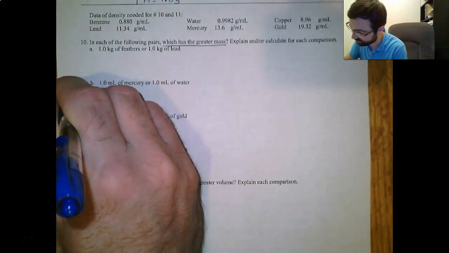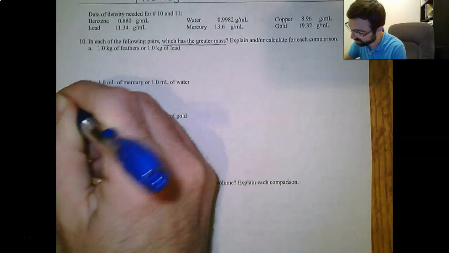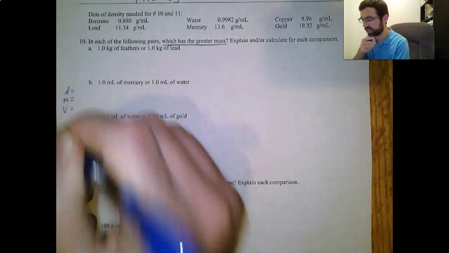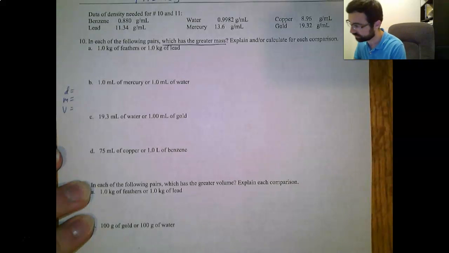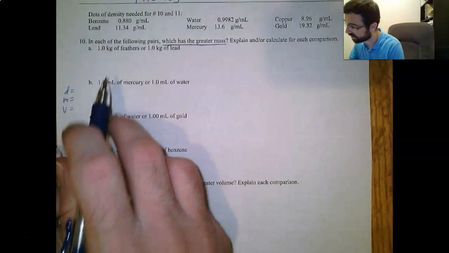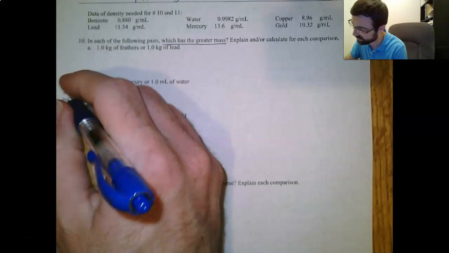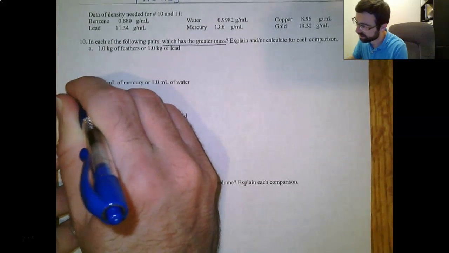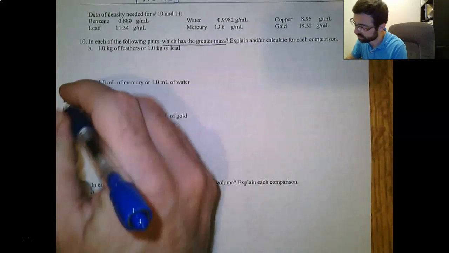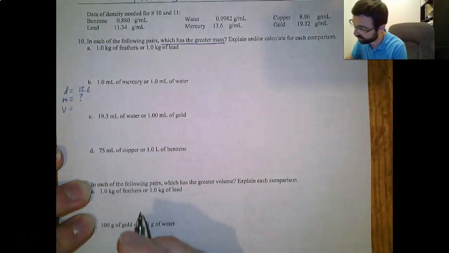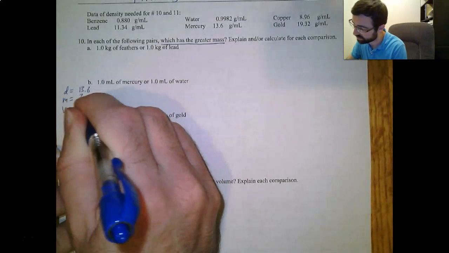Density, mass, volume. Okay, so for mercury, our density is 13.6. Our mass, don't know. Our volume, 1.0 milliliters.